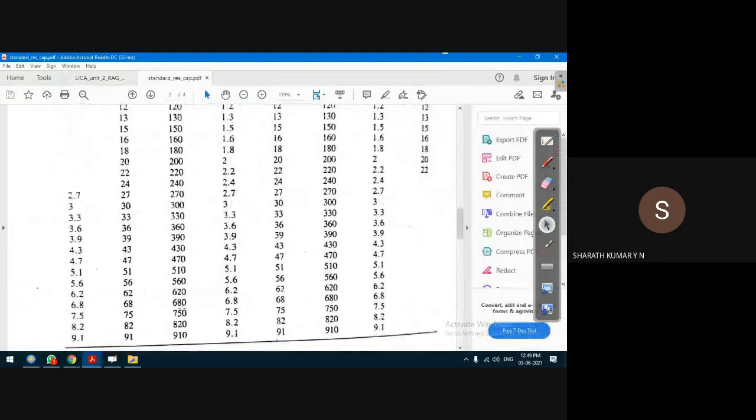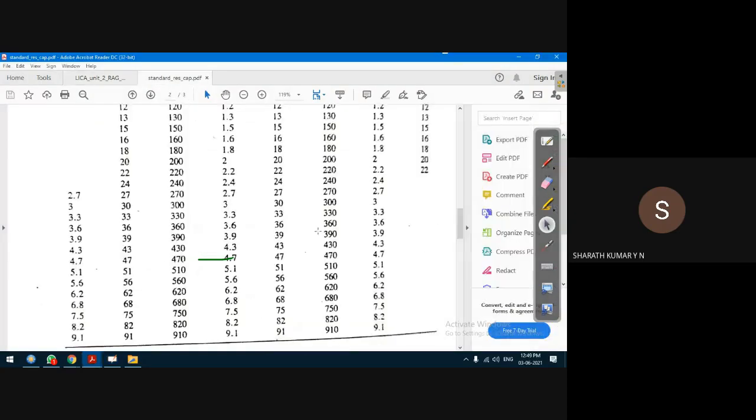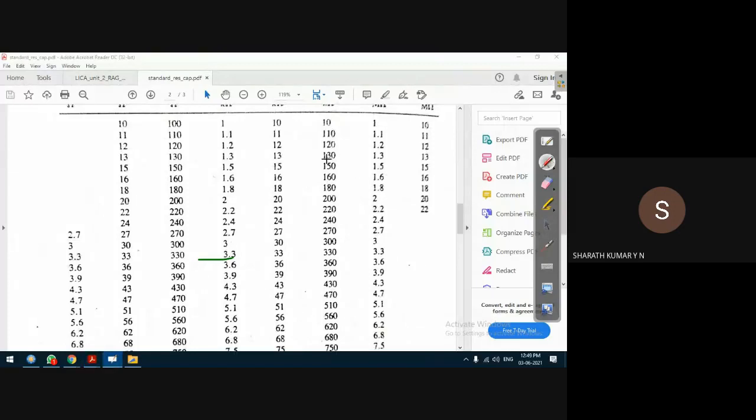Under 5% tolerance, what is the calculated resistance value? 147 kilo ohm. Here it is. Let's observe, 147 lies somewhere here. The smallest value is 130 kilo ohm, the next value is 150.